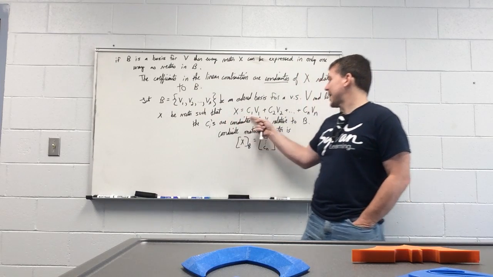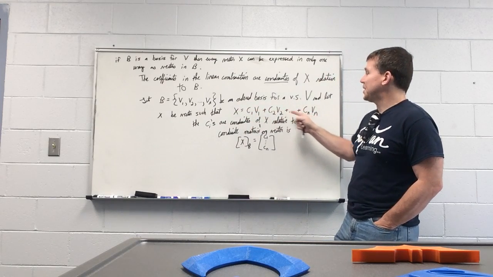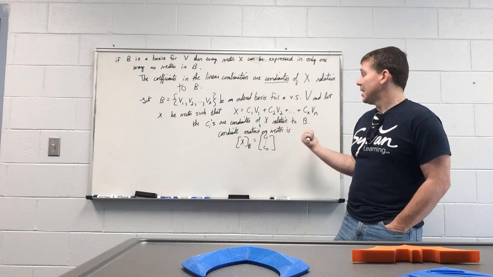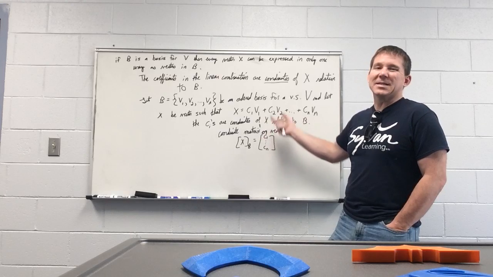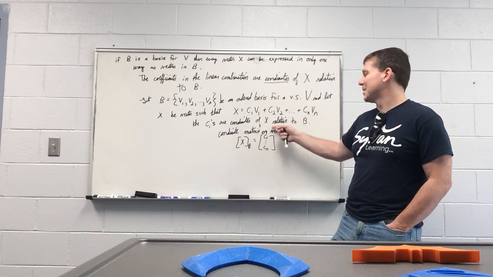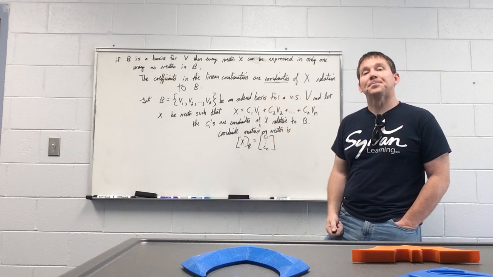So I write out x as that linear combination, and then these coefficients, C1, C2, out to C sub n, form a matrix, or in this case, just a column vector. So you can say coordinate matrix or coordinate vector, where I just list out those coefficients.